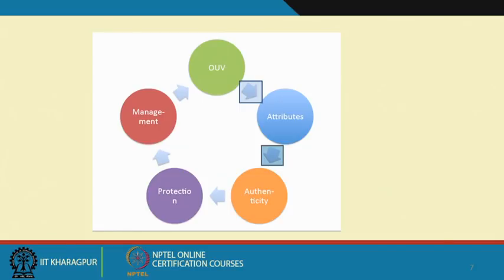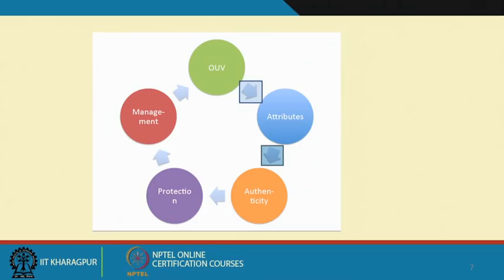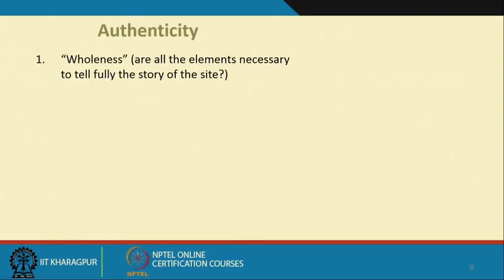In the case of a World Heritage Site, it will be outstanding universal value; in the case of another site, it will be the value or the significance. So, values, whether outstanding or not, attributes and authenticity: we have to understand the relationship between them. Let us see what authenticity is. Authenticity means wholeness.